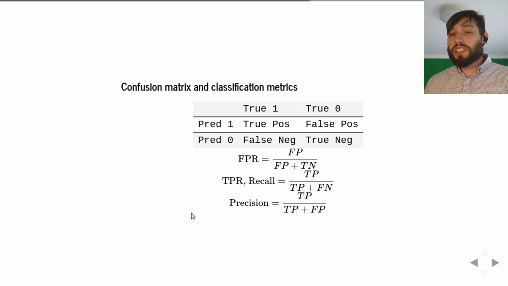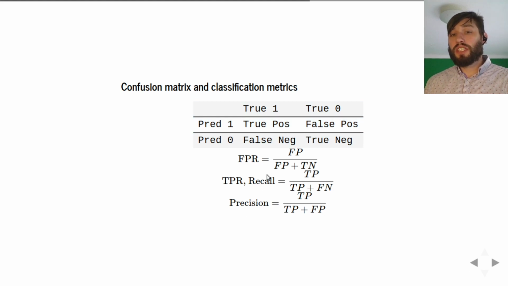Precision is typically paired with recall, and it's the number of true positives divided by the number of true positives plus false positives. That's the number that you predicted as a 1.